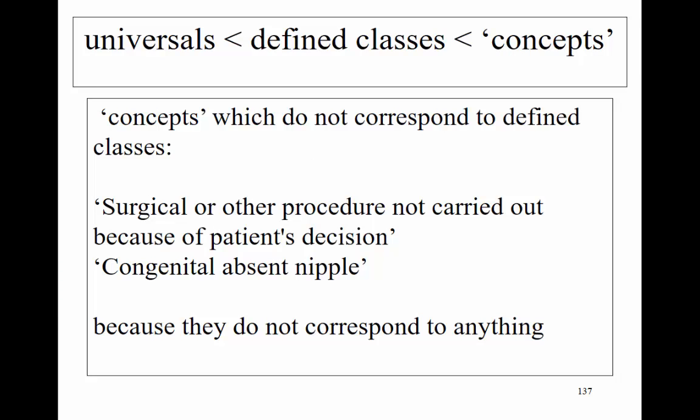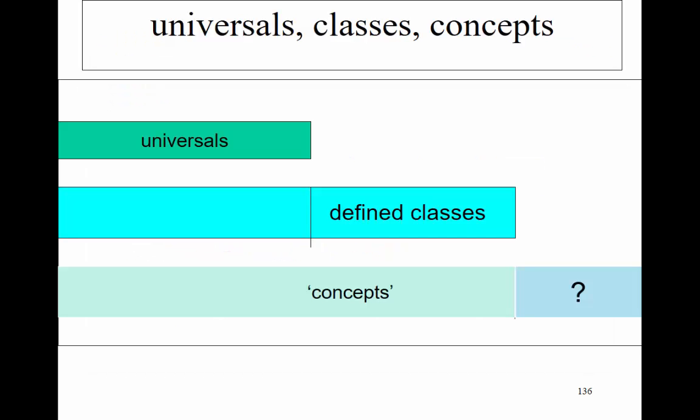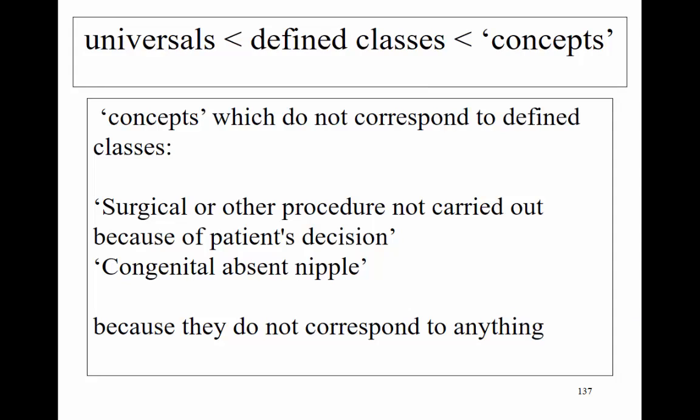Now, there are some bad consequences of talking about concepts in that way. If we're allowed to have concepts which correspond to nothing, then we can have terms in our ontology which correspond to nothing because they're about concepts. So these are terms which you find in ontologies, even some very prestigious government-funded ontologies.